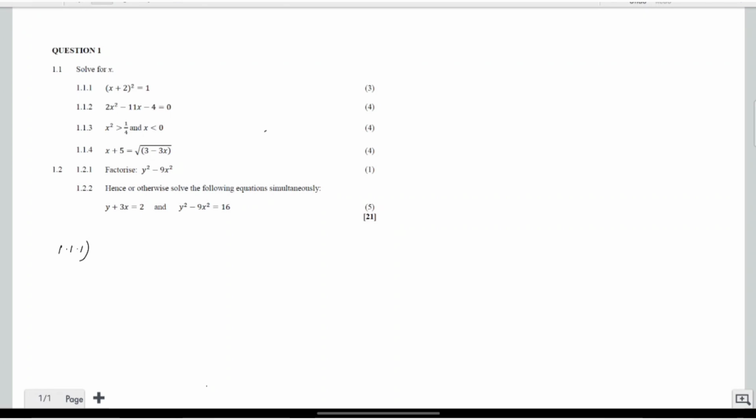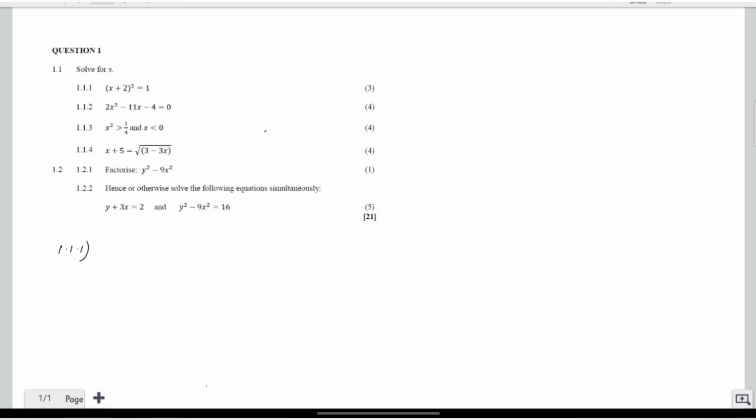In the algebraic section, you will see basically solve for x questions, factorizing, solve simultaneously two equations, and questions that contain sets and exponents. Okay, let's do question number 1. 1.1.1 (x plus 2) all square is equal to 1.